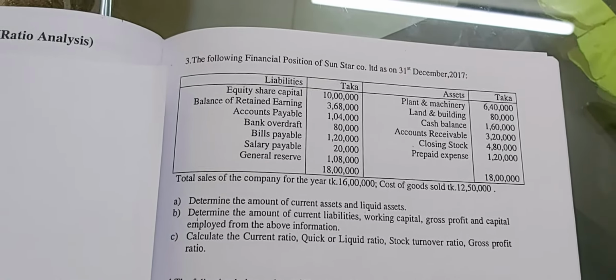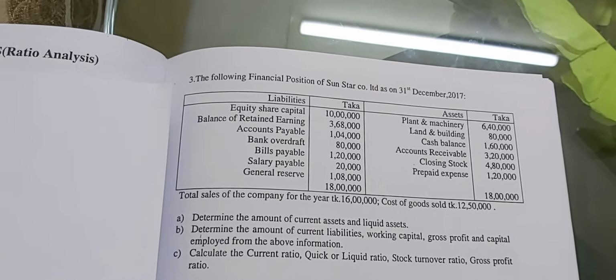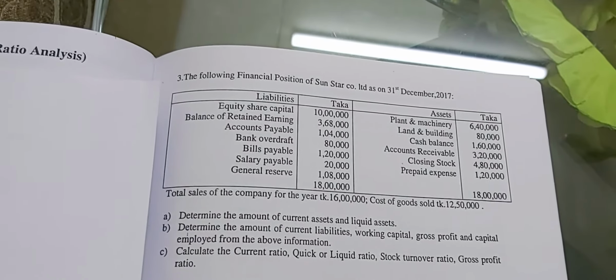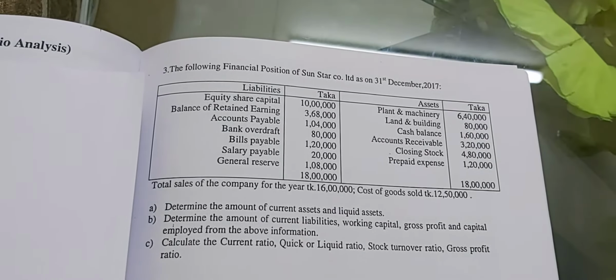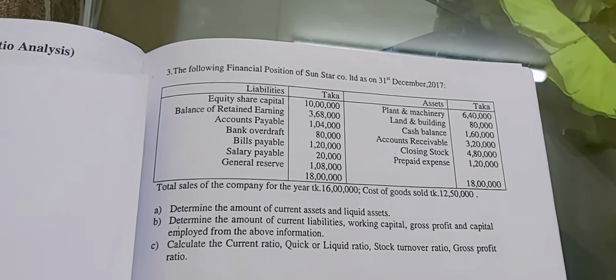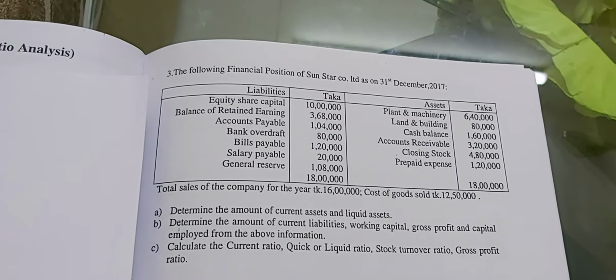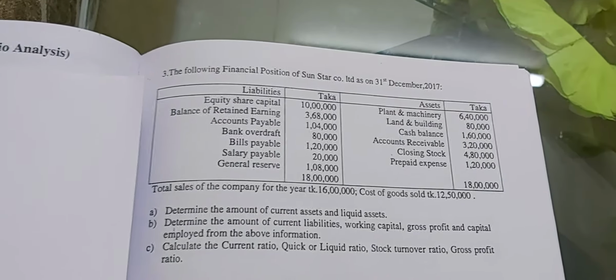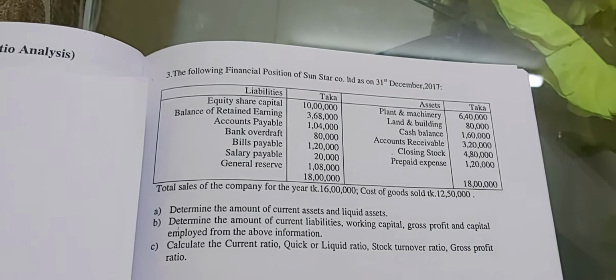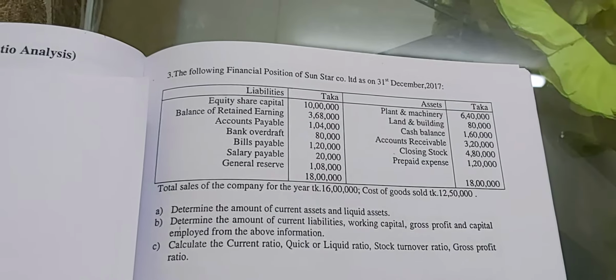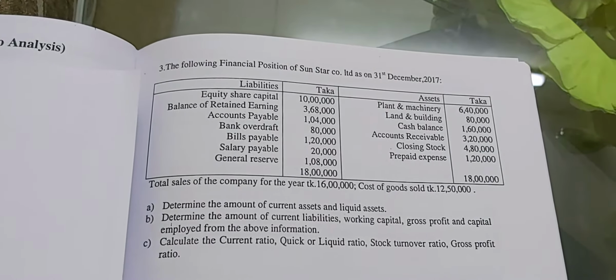This is question number 3. I will just read it for the time being. The following is the financial position of Sunstar Company Limited as on 31st December 2017. Two sides are available in the financial position. Left side for liabilities and equity, right side for assets.